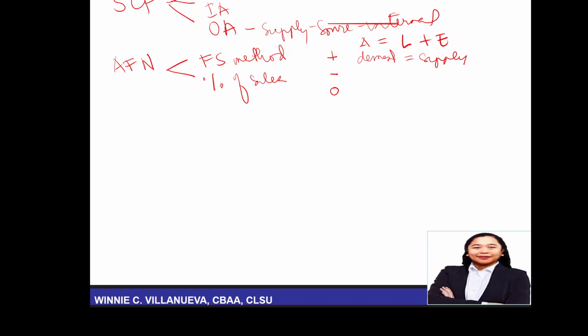So, if demand is higher than supply, ibig sabihin asset is higher than your liability and equity, what do you think would happen? Kulang yung meron ka sa sarili mo doon sa pangangailangan mo. O di, ibig sabihin, ano yan?